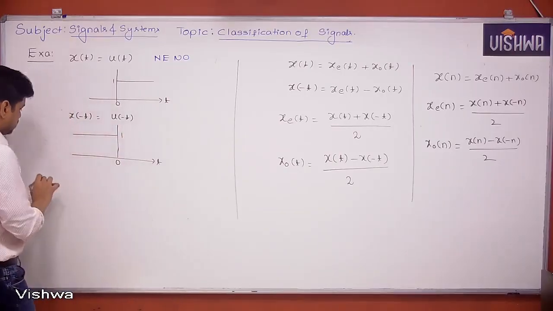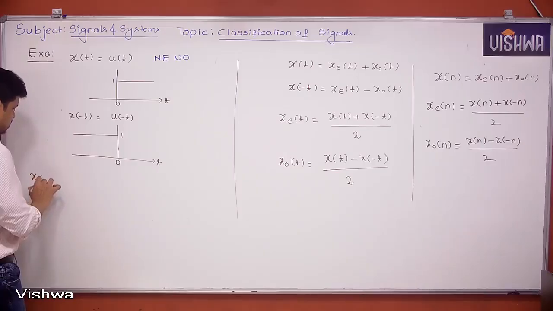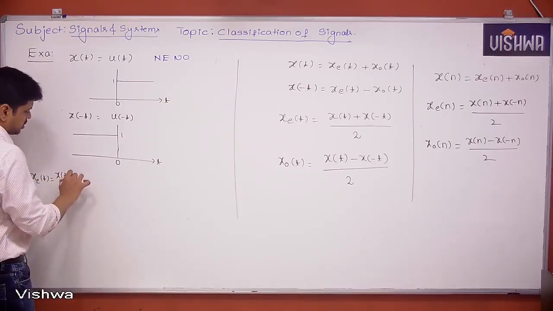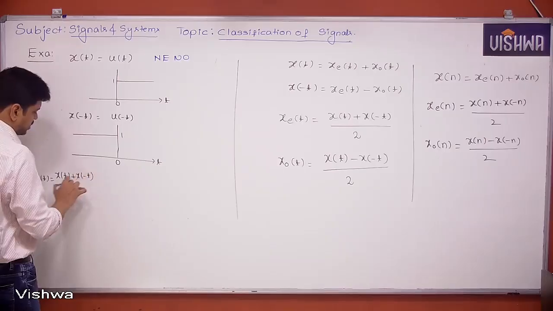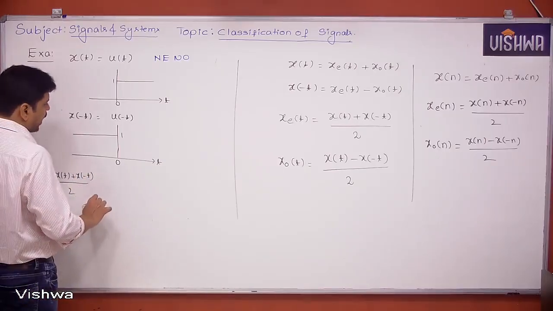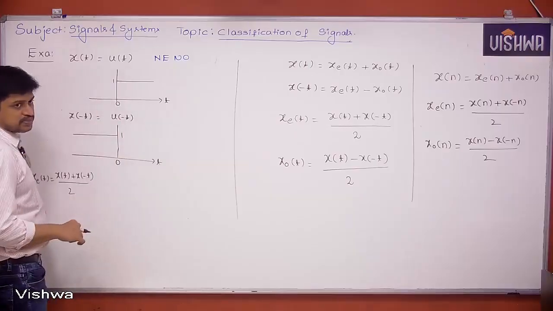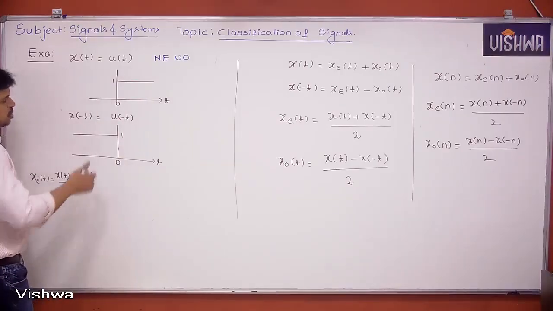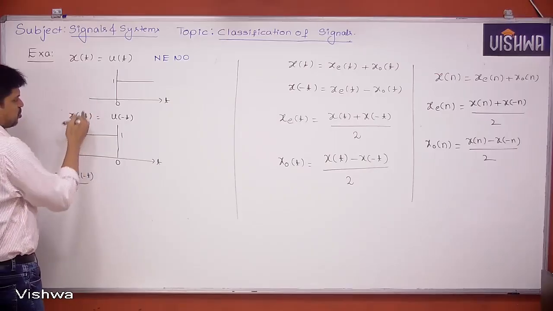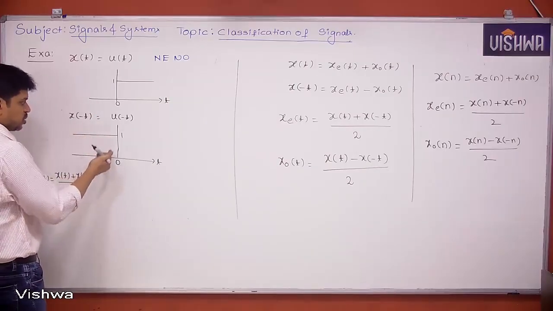Next, the even part, that is x of t plus x of minus t by 2. That means we have to add these two signals and divide by 2. Before 0 the values are 0 and 1, so 0 plus 1, 1 by 2, that is 1 by 2.